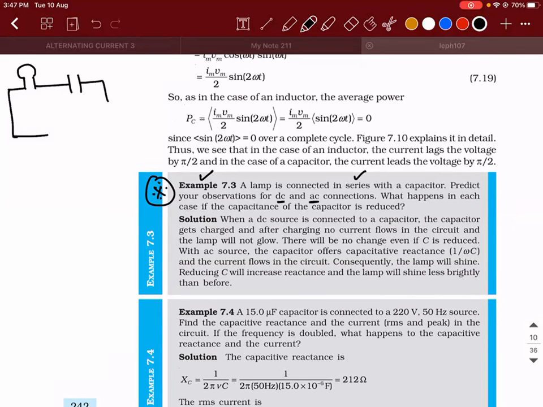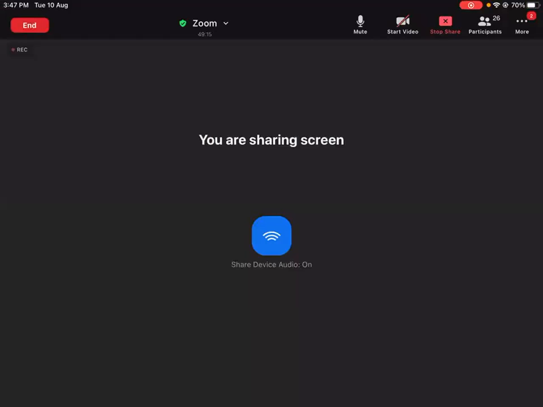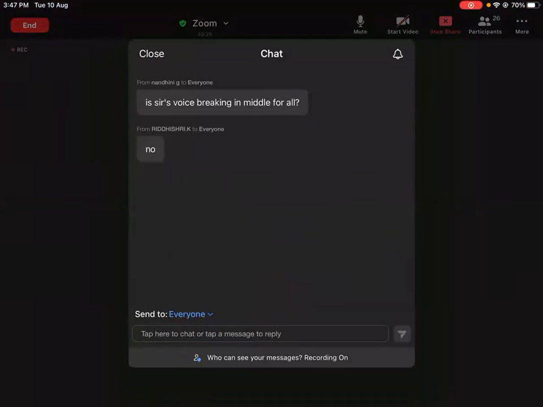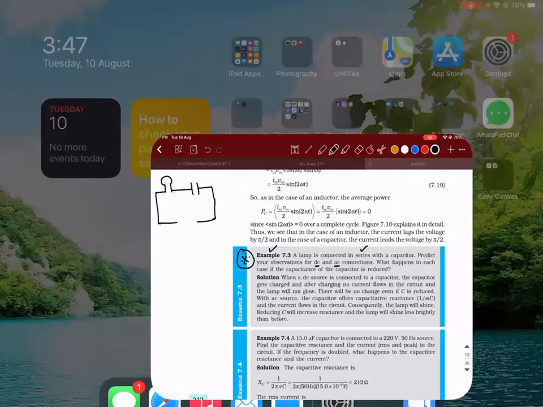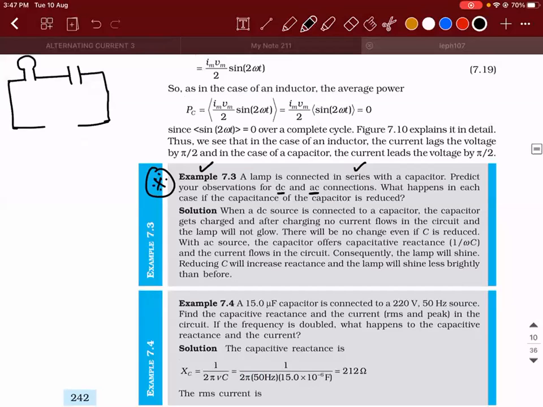So this circuit is similar to what? It is an RC circuit. So it is an RC circuit.